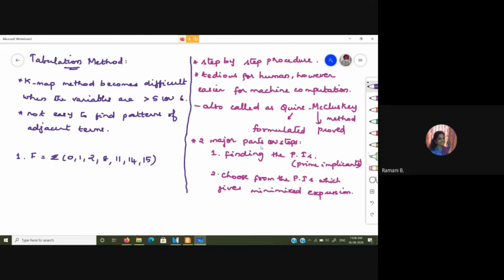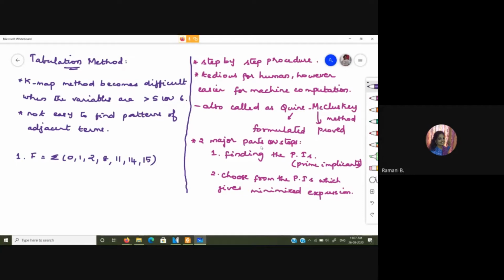This tabulation method is a step-by-step procedure. Being step-by-step, we will be doing an exhaustive search for the possible prime implicants. That is also a tedious thing for humans to do if we have more variables. However, for computation using a machine, it is easier because with an algorithm you can write a program and move ahead easily.